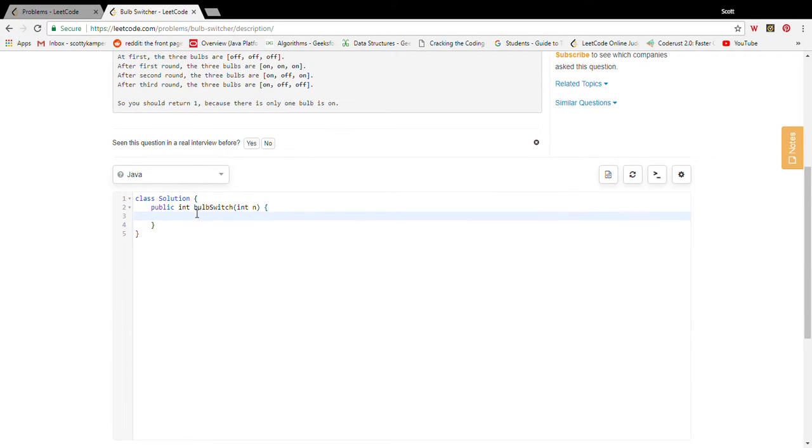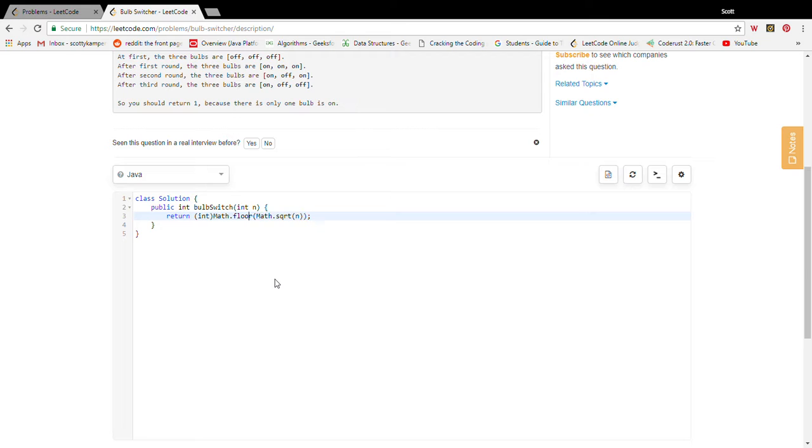So let's implement this problem. And it's going to be pretty simple. We're going to do floor on the square root of n. That's going to return a double, so I'm going to cast it to an int.